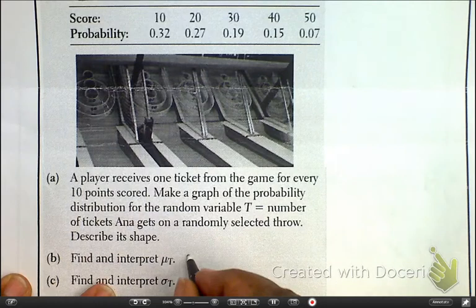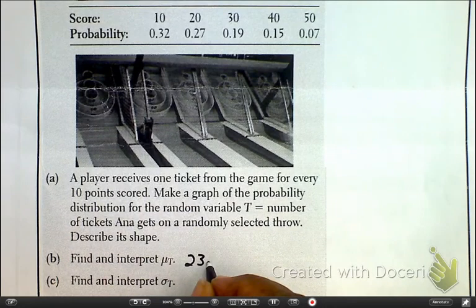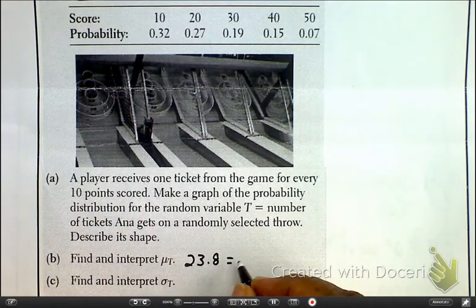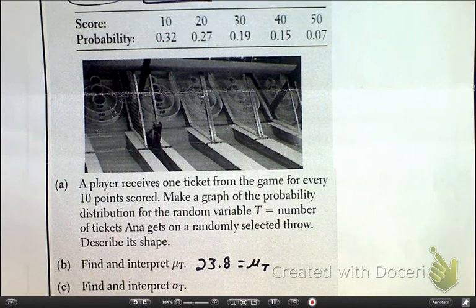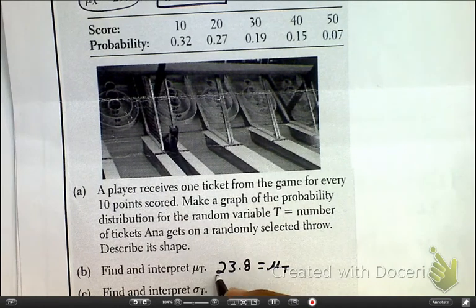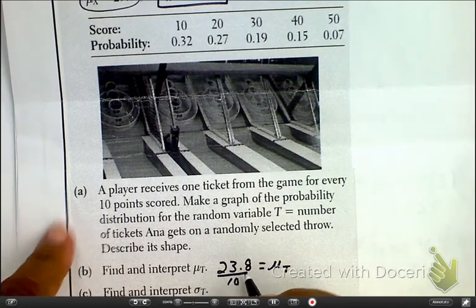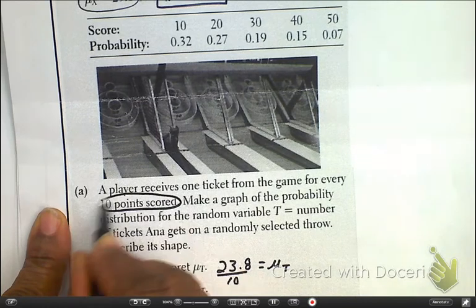So here the mean is exactly what you see, the 23.8. And it's just saying, on average, the number of tickets sold is going to be 23.8. But then we have to divide that by 10 because it's saying for every 10 scored.